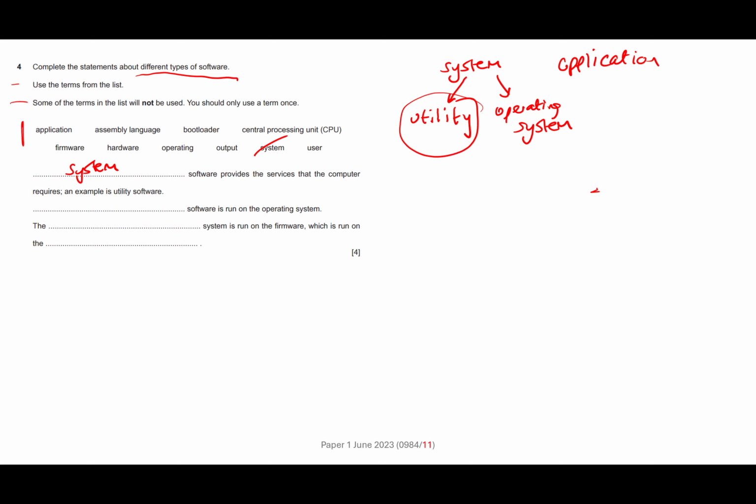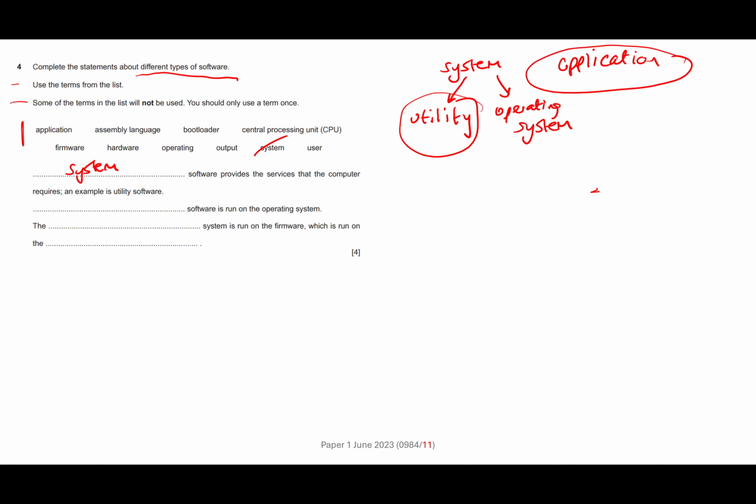Right, something software is run on the operating system. So we're not looking for operating, because it tells us it's the operating system. What else have we got? User. Lots of these words won't actually fit in, but we've classified the keywords we need.